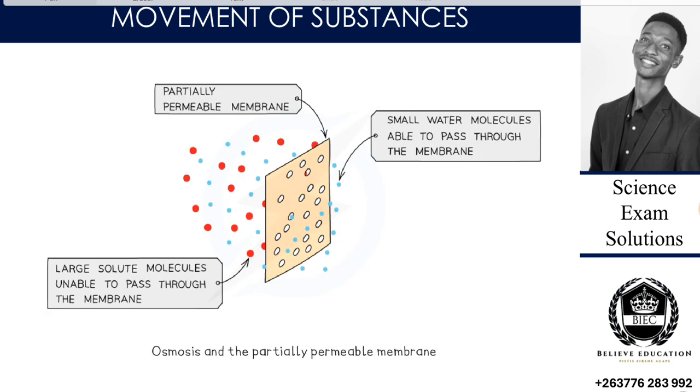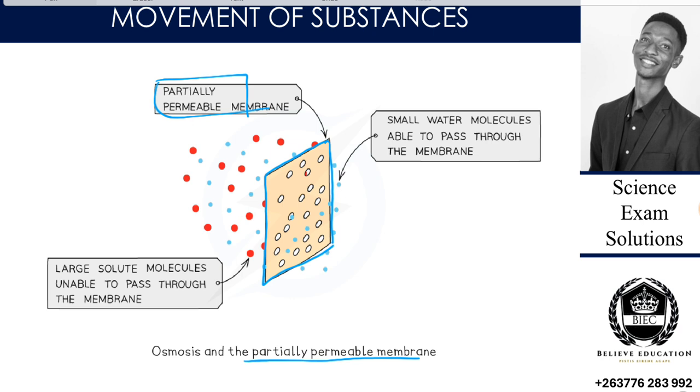So let's try to look at the analogy here of osmosis and the partially permeable membrane. Here we have a partially permeable membrane, which is this part. That's the partially permeable membrane. Our membrane has holes. Then we have molecules, right?